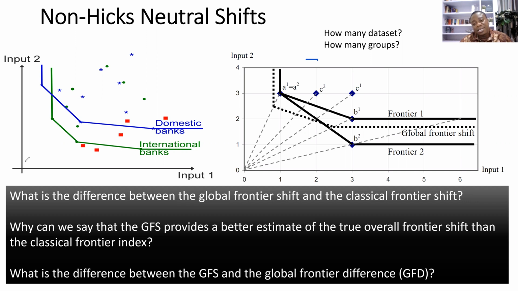That technological change version is called the frontier shift, the classical frontier shift. And what we are just looking at here is the global frontier shift. What's the difference? Based on all that you are listening to, what is the difference? Who can tell us? What is the difference between the two? One is a classical frontier shift, the other is a global frontier shift. What's the difference between the two?